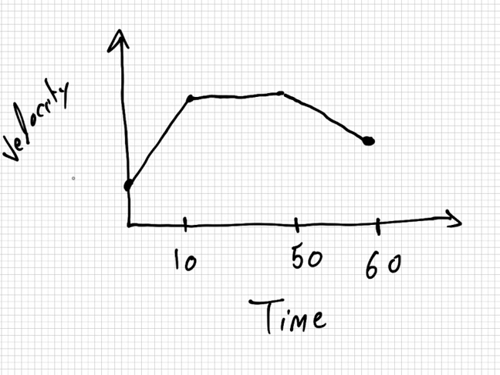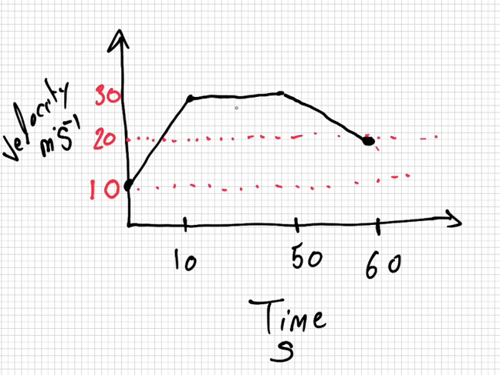Velocity, seconds, meters per second. And we shall make this here 10 meters per second, and we'll make this here 20. No, we'll make this one here 30, and this one here 20. So we need to find area.